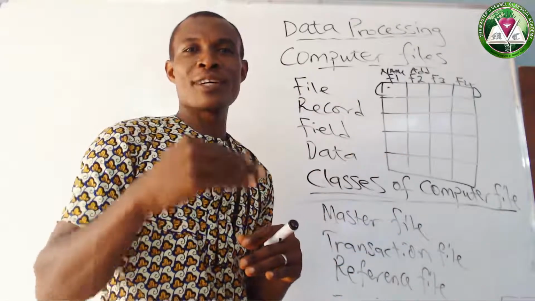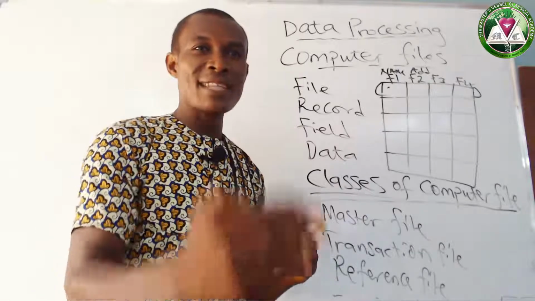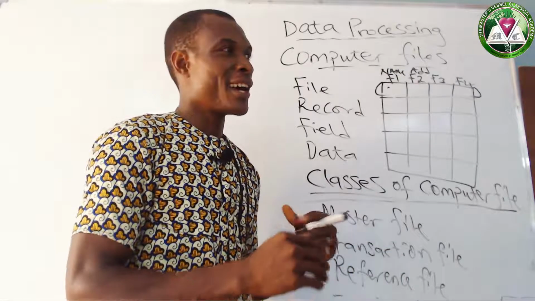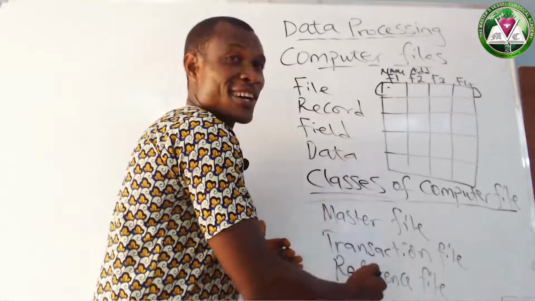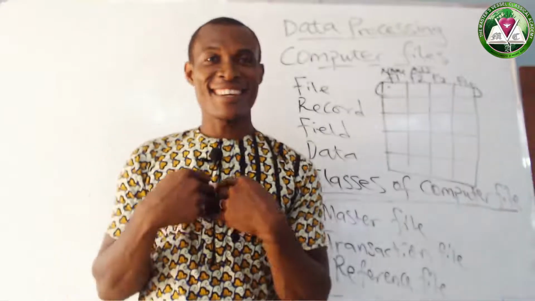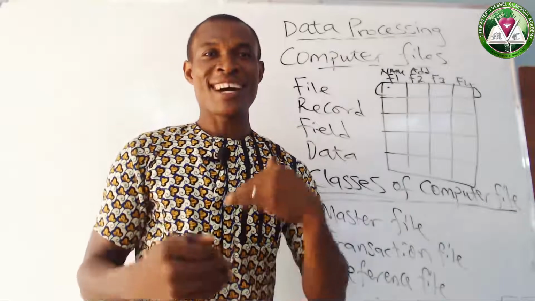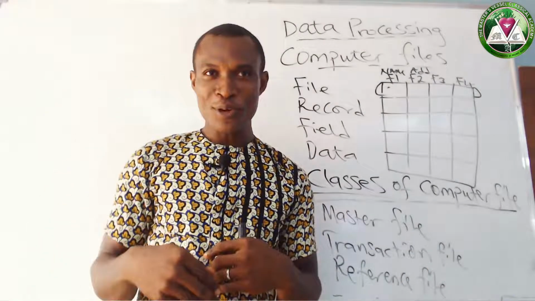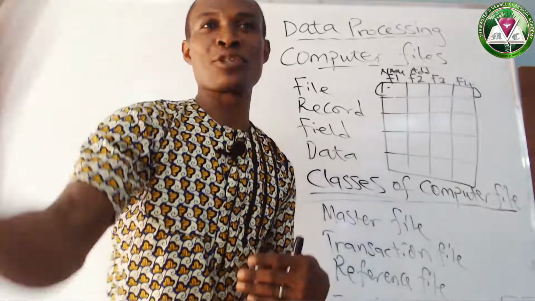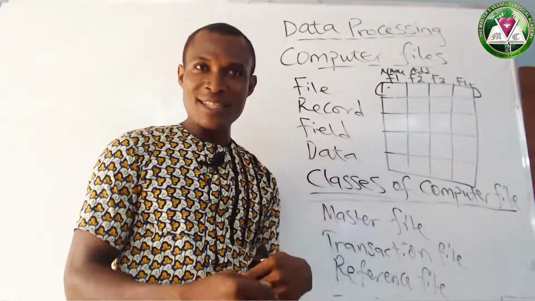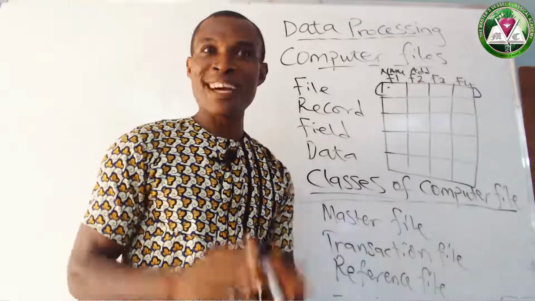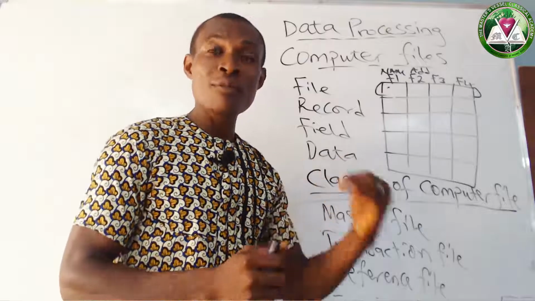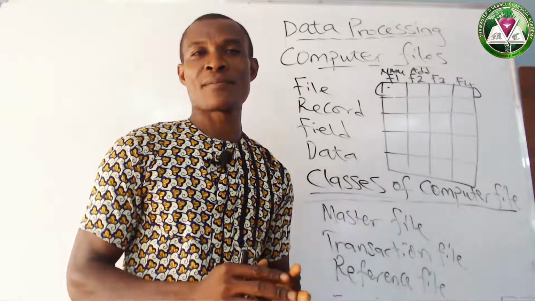In this case, the reference file is there for reference purposes, where a teacher in a school, or somebody in a shop selling items, or in an office can make reference to. That is the purpose of such files. Such files are kept for reference purposes.